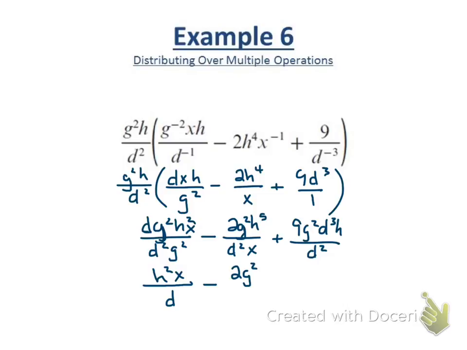So we have 2g squared h to the fifth over d squared x plus 9dg squared h, if we want to put it back in alphabetical order, over 1. Does the over 1 have to be there? No, it's optional. Now, is 1 optional in the numerator? No, 1's not optional in the numerator. If it's a numerator, it has to be there.